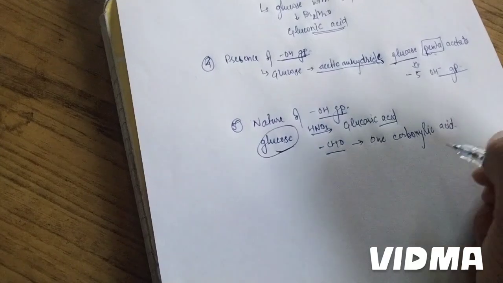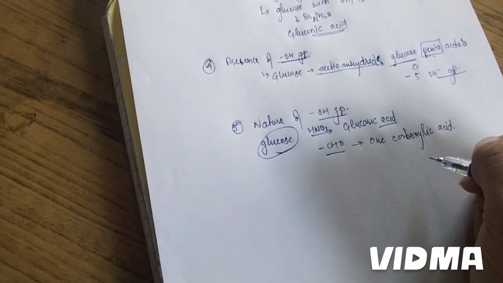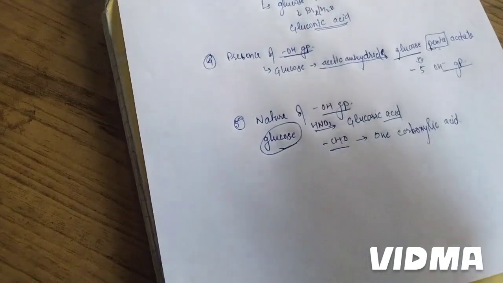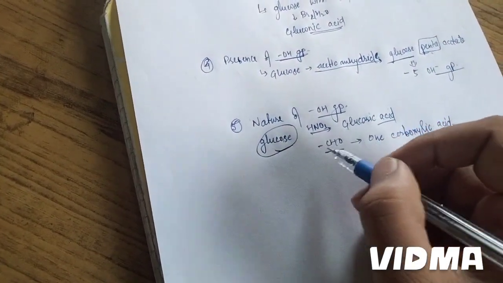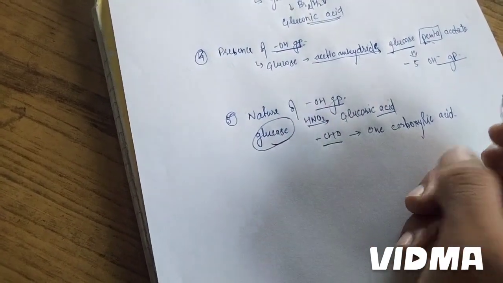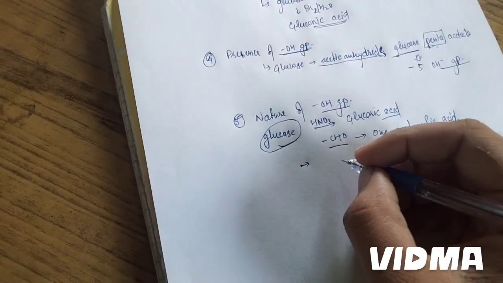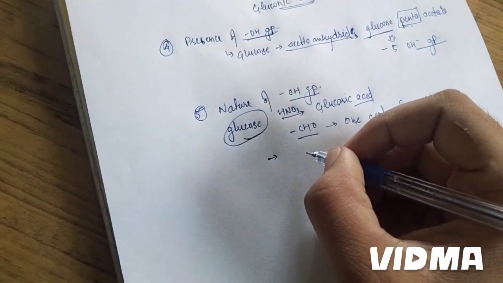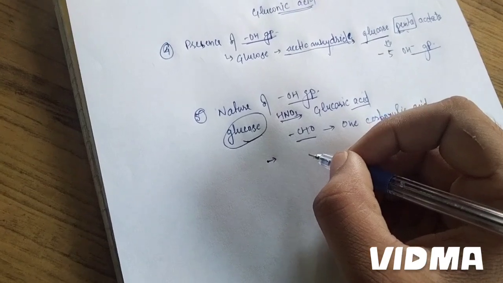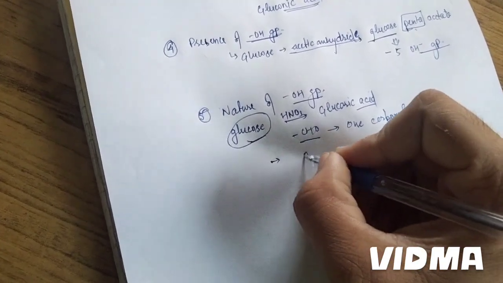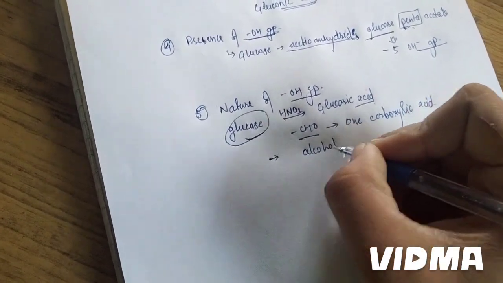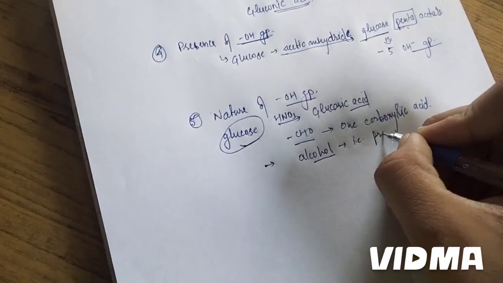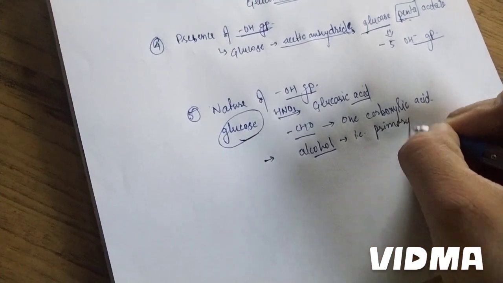But what about the other one? From where does that other carboxylic acid come? So it was noted that the other carboxylic acid was obtained from the alcohol, which was primary.